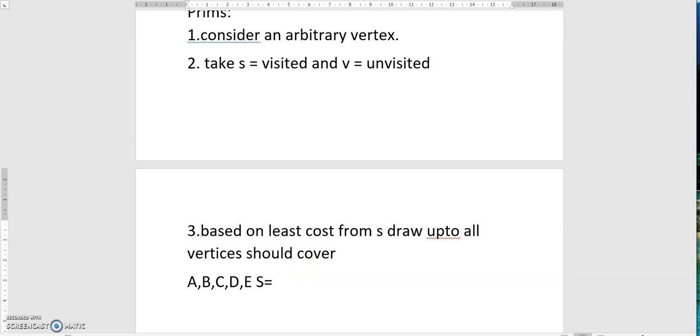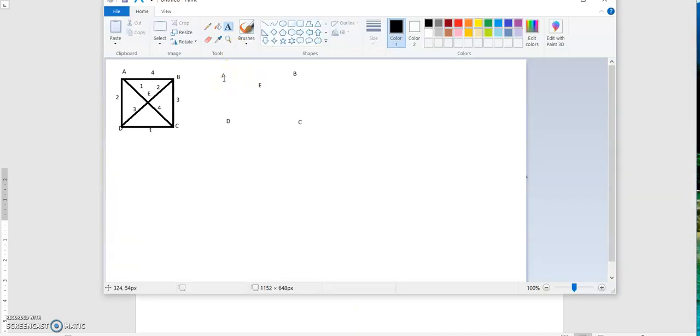Here I have taken S equal to A as the source vertex. From A we have to check which contains the least cost. From A we have AB, AE, AD. These are all the edges connected through A. AE is the minimum cost among the remaining edges. So AE is the first visited vertex.